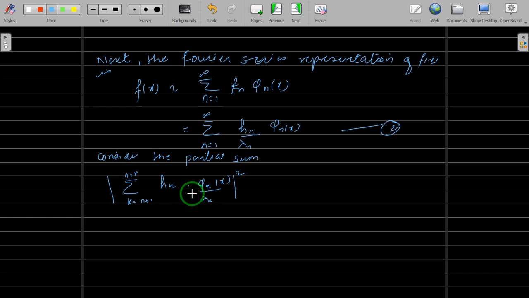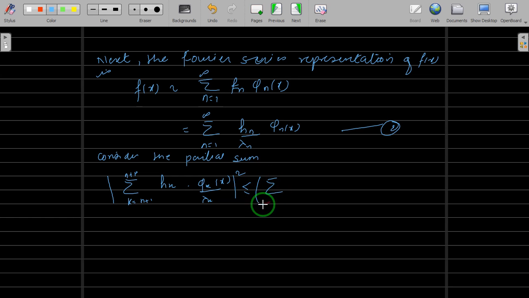Now we have to show that this can be made arbitrarily small, or tends to 0 as n tends to infinity. We can use one of the named inequalities here. You check out the name of that inequality.